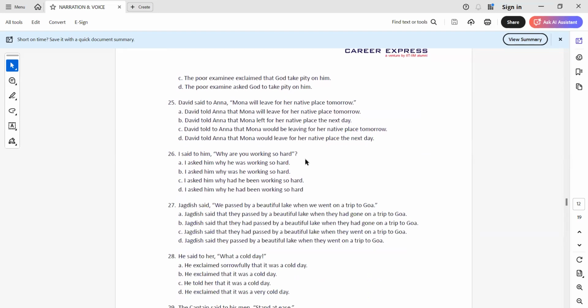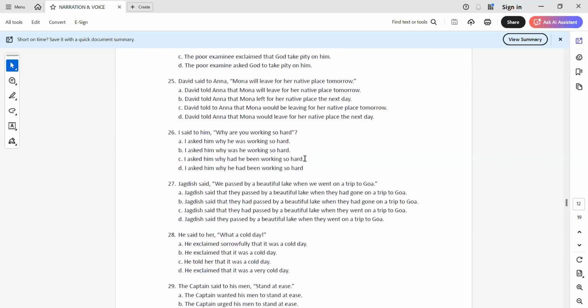David said to Anna, Mona will leave for her native place now. So Mona will leave, and then Mona leaves the next day. D1: David told Anna that Mona would leave for her native place the next day. Correct.